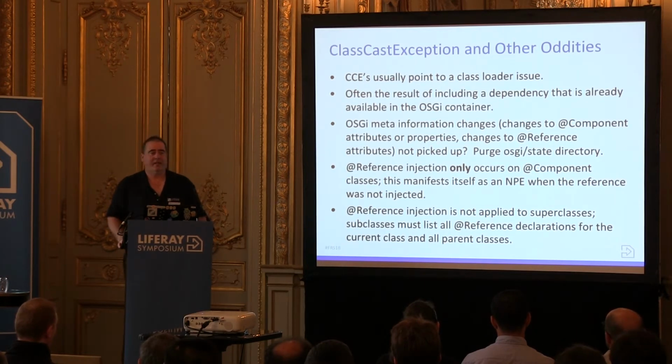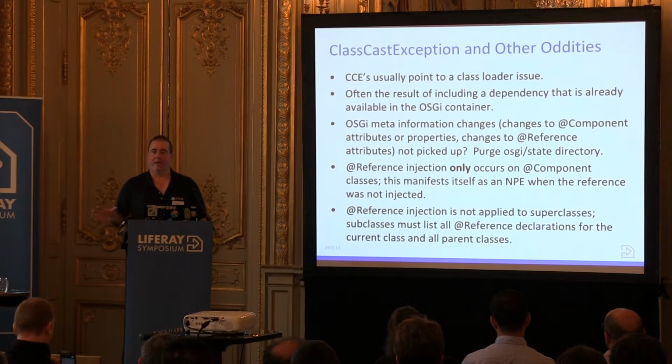ClassCastException is confusing. We all know what a ClassCastException is. A cannot be a B. Okay, that's fine. But when you're looking at it from an OSGi perspective, ClassCastException does not mean it's really a class cast exception. It actually means that there's some sort of class loader issue going on.